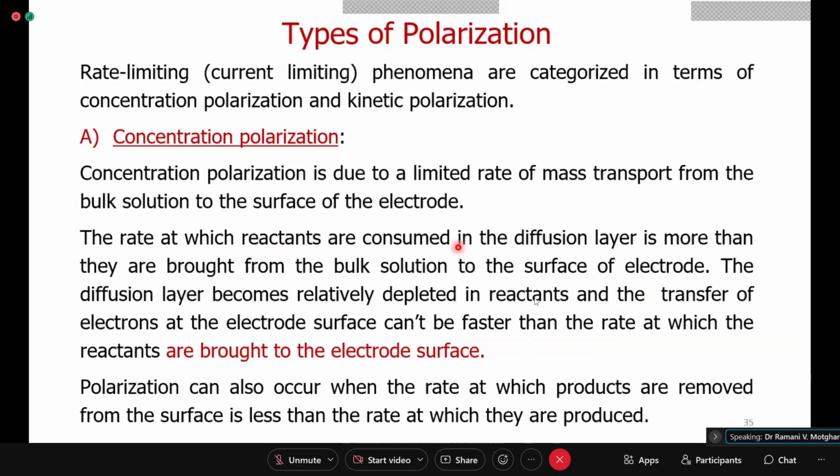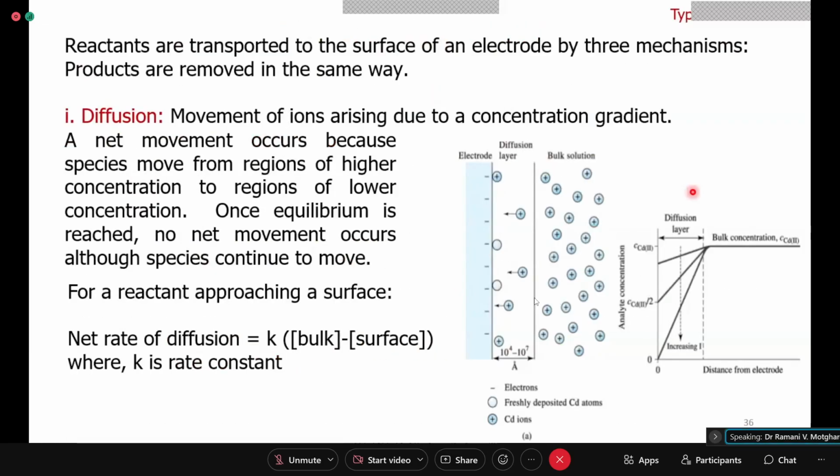Now there are different types of polarization. One is concentration polarization. Now why does the electrode get polarized? Here is the diagram. I'll first explain the diagram and then we will see the definition. This is the electrode surface.